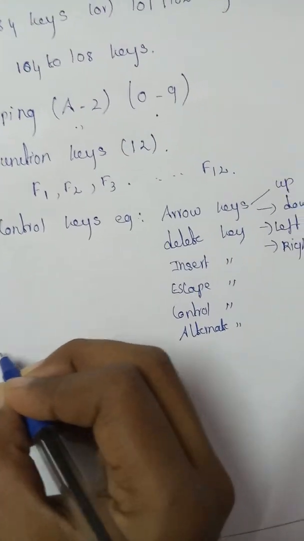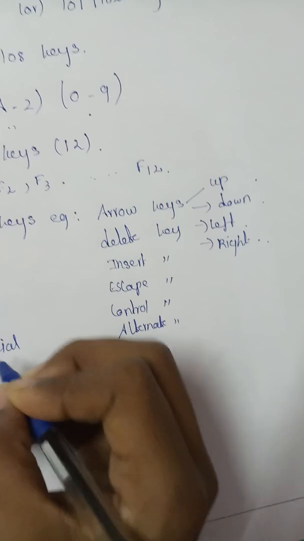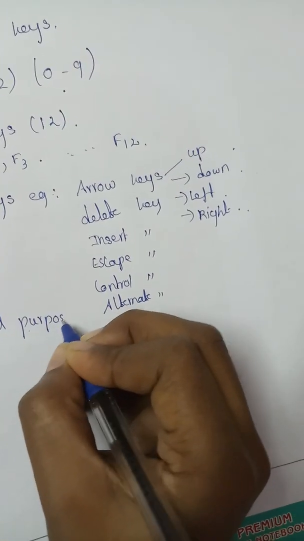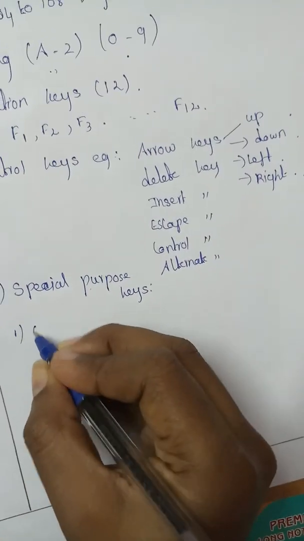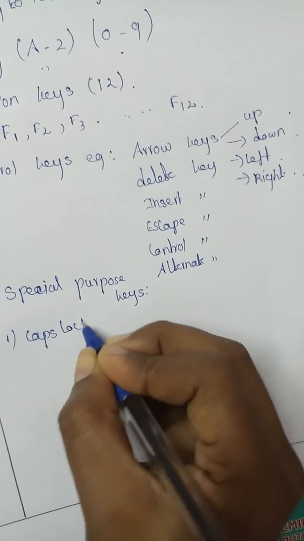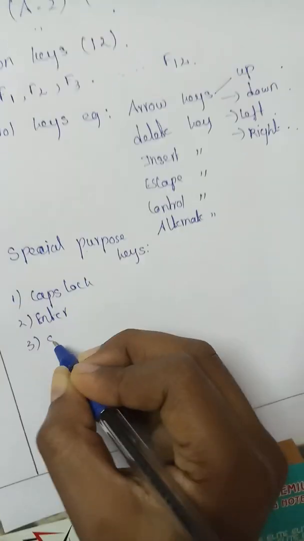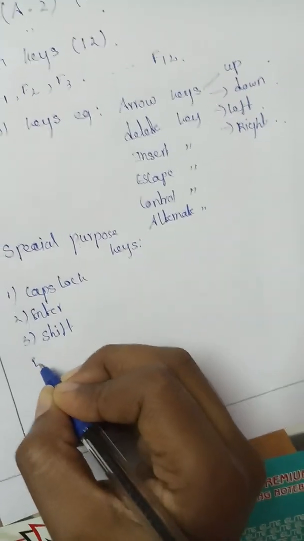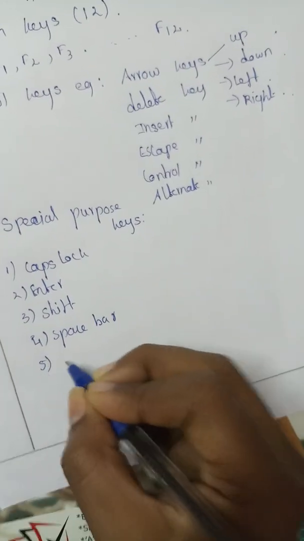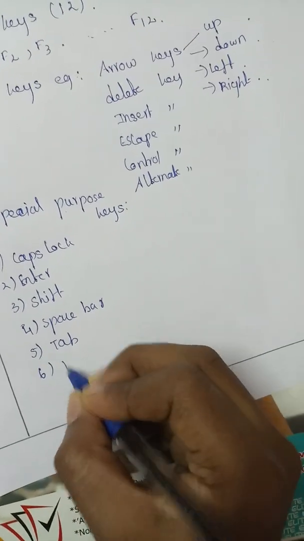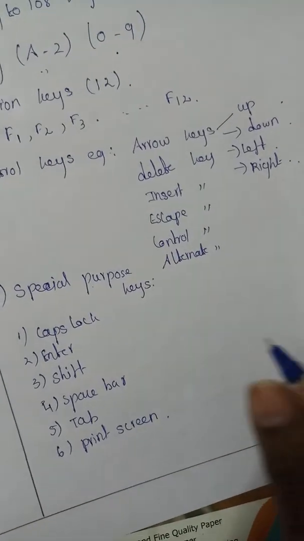The fourth one is special purpose keys. What are they?